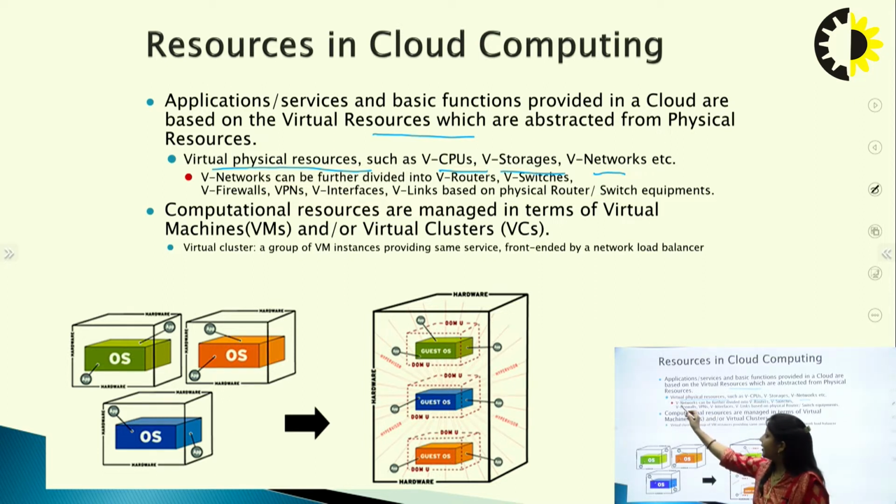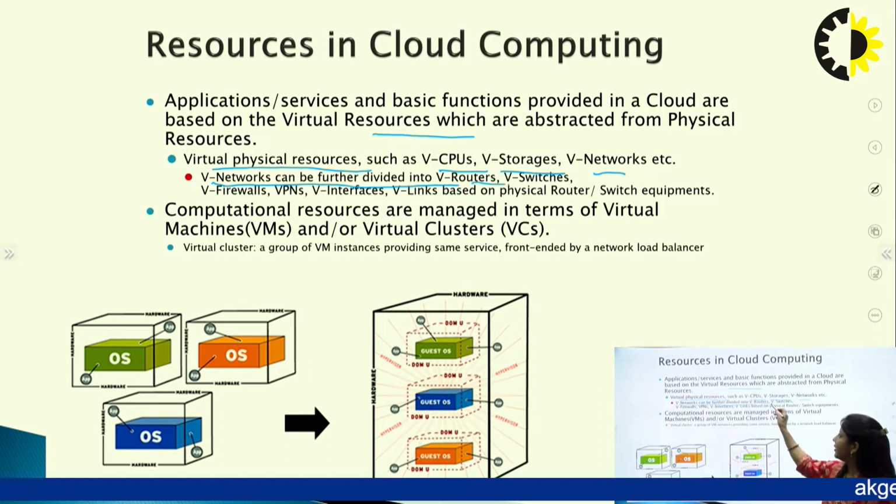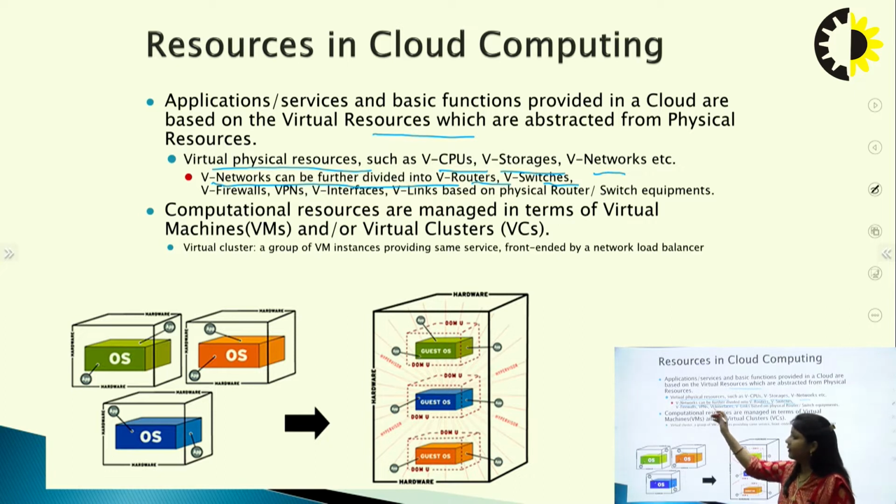The virtual network can be further divided into virtual routers and virtual switches. We have already understood the OSI model. Before understanding this subject, we need to know the basics of cloud computer networks. While building the infrastructure, we first build the physical layer, then the data link layer, and then the network layer.